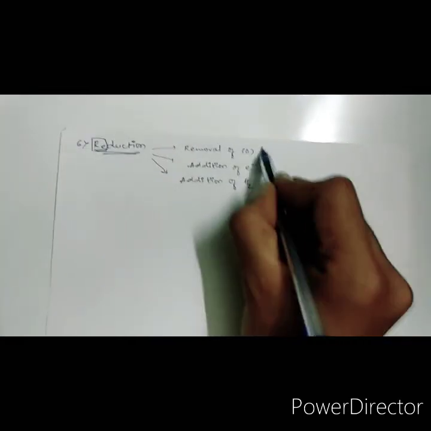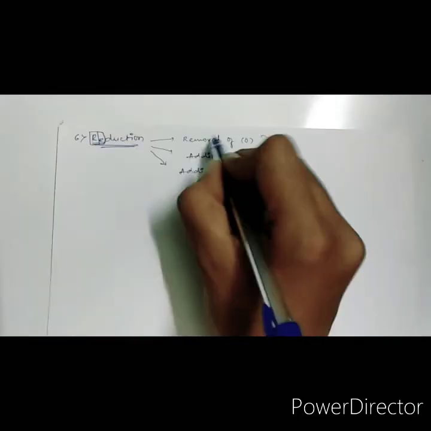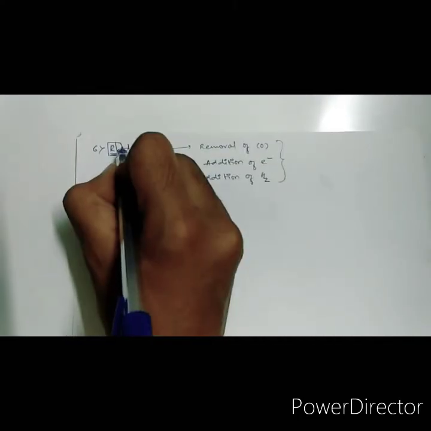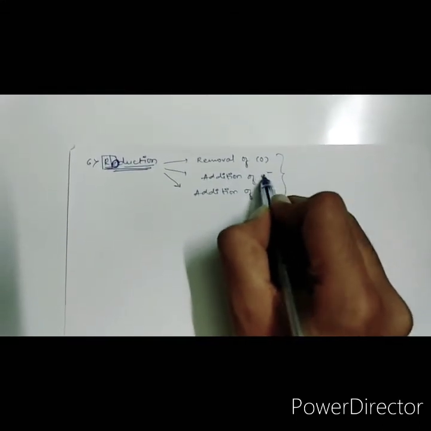So these three definitions define reduction. R is for removal of oxygen, and you can also remember reduction as addition of electrons, E for electrons, or addition of hydrogen.